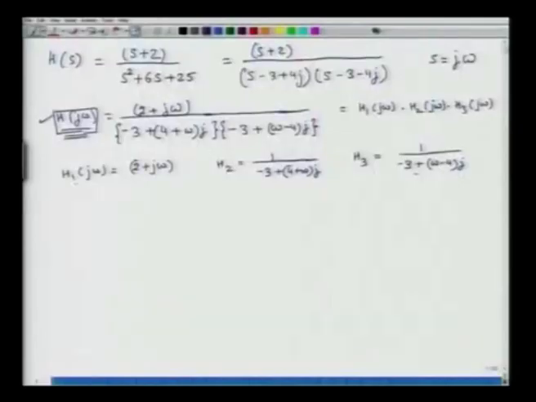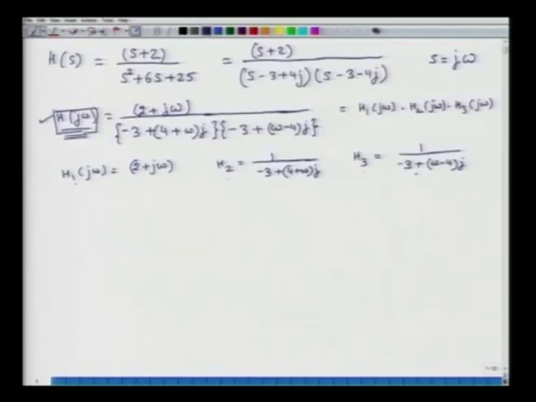And because the magnitude is a logarithmic function, as on the vertical axis we are plotting decibels, all we have to do is add up these 3 Bode plots and we will get the final Bode plot for magnitude for the original function, which is H. So, that is what we are going to do now.